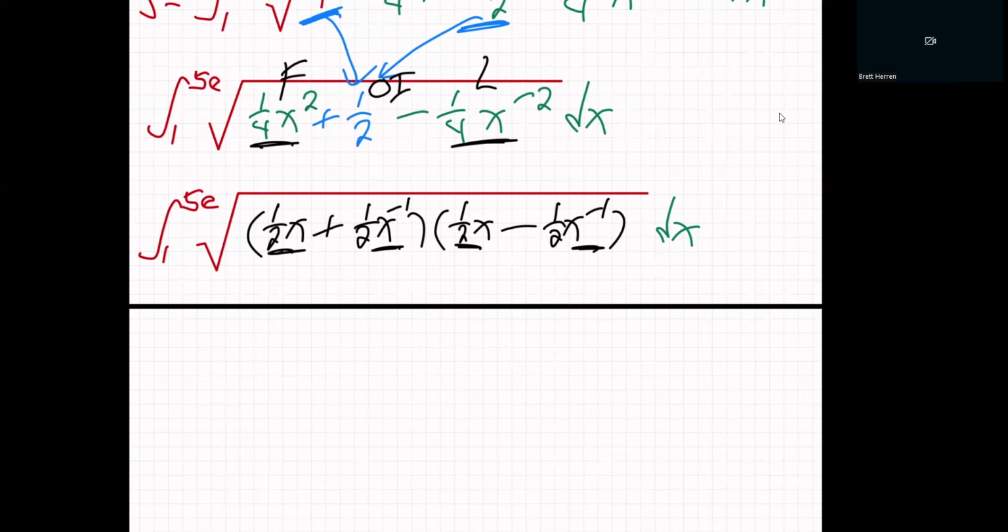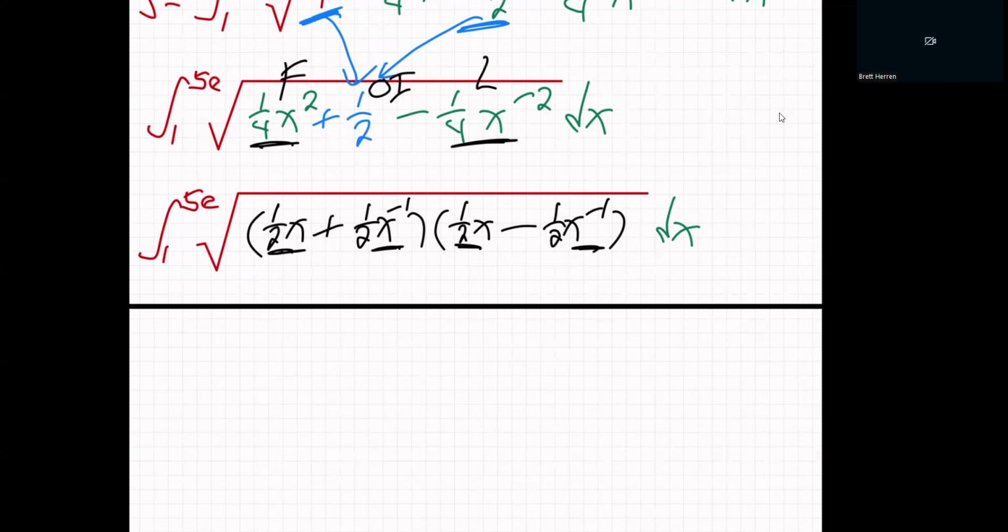Uh-oh, I feel like I'm getting a little stuck. That's not going to work. We need them to... What do we need? Here's Mr. Heron stuck. Fourth x squared and plus a half.